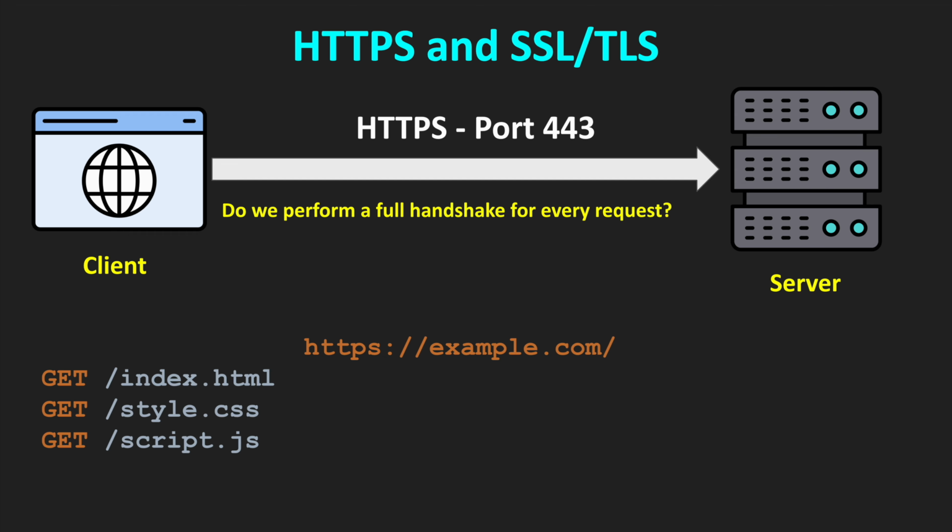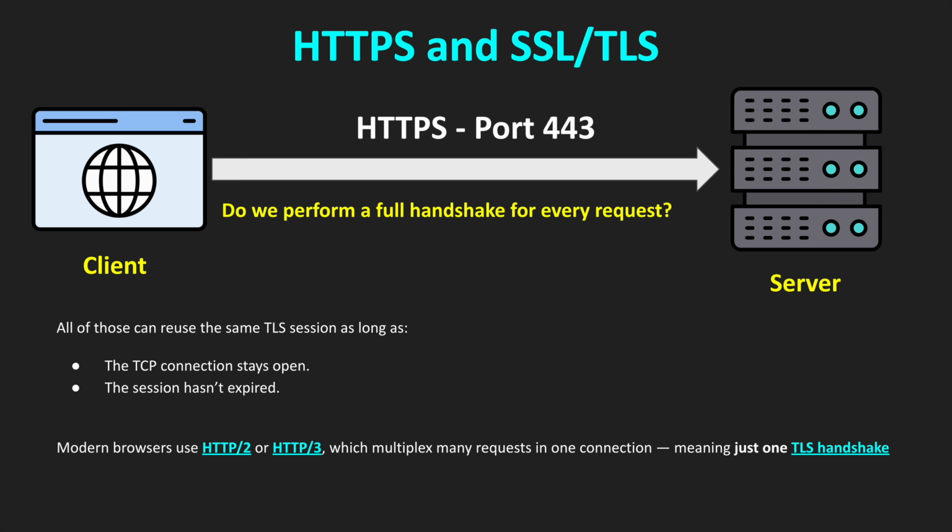For example, let's take this case. Let's say we have example.com, and we have 3 endpoints where we are fetching HTML, CSS, and JavaScript. We perform these handshakes only once in this case, and then for all subsequent requests, we send data using the same session key that we have generated.